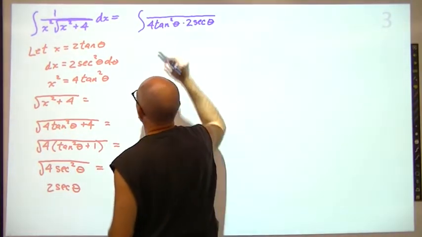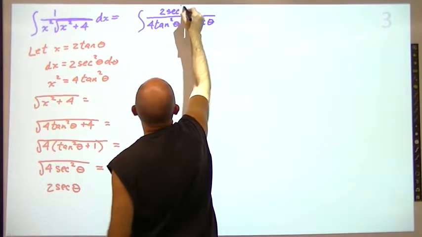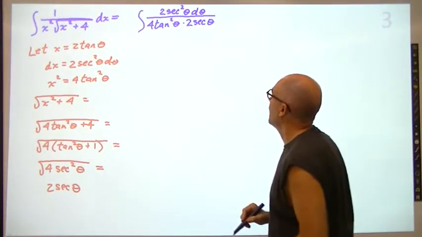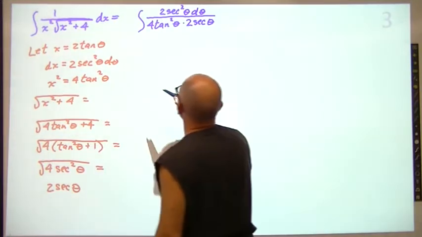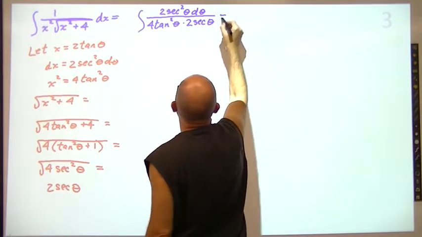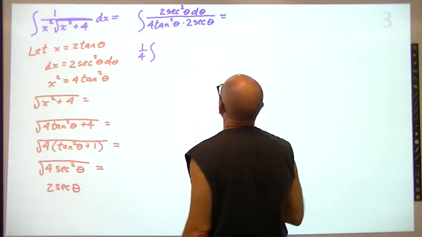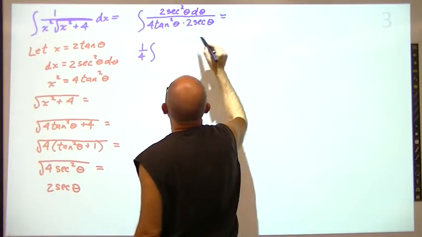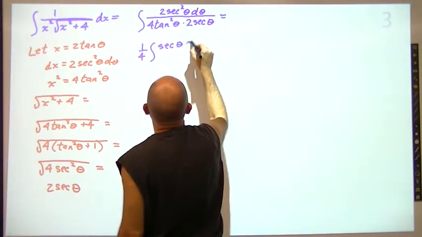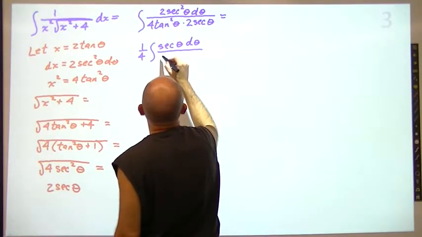So that becomes 2 secant squared theta d theta. All right, now let's clean this up. So notice the 2's cancel, and I'm left with just 1/4 times the integral of, now, 1 secant cancels, so we're left with secant theta d theta over tangent squared theta.